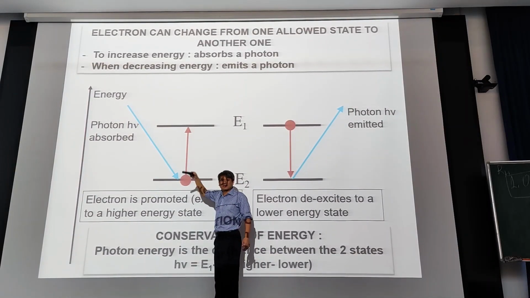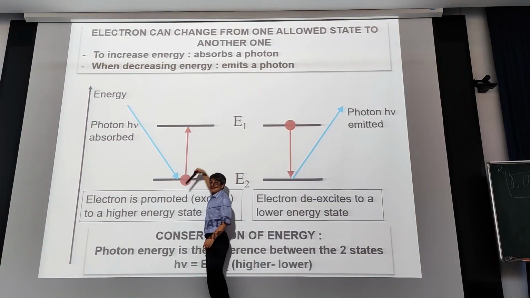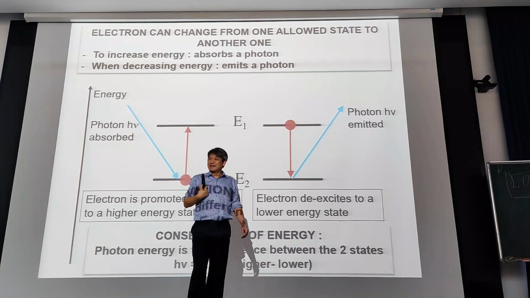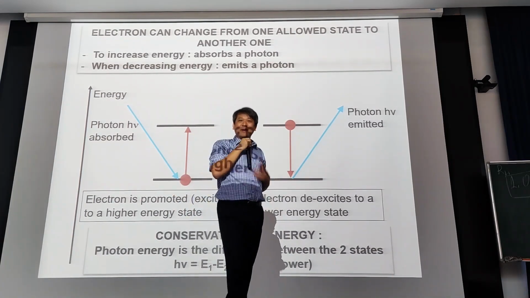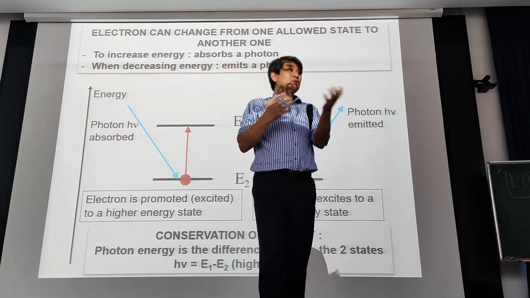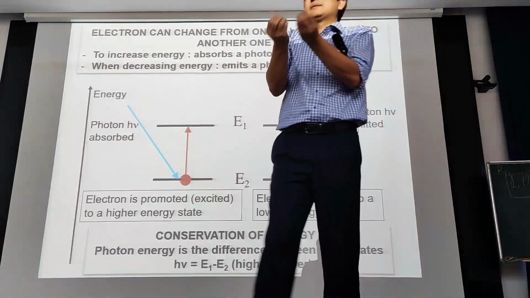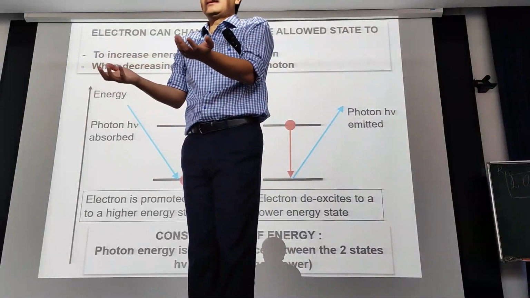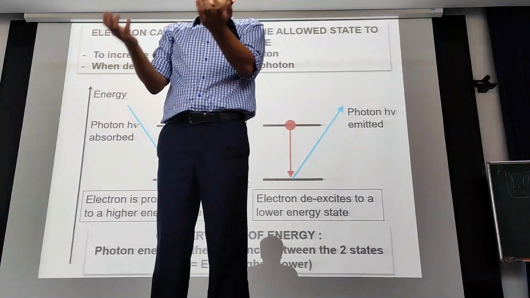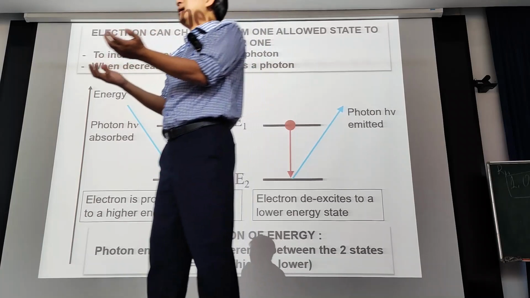So the energy of number 2 is also equal to the difference between the two energies. So basically, you should expect number 1 equal to number 2, because of the law of energy conservation.